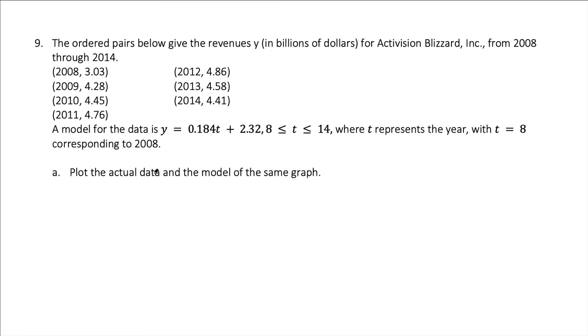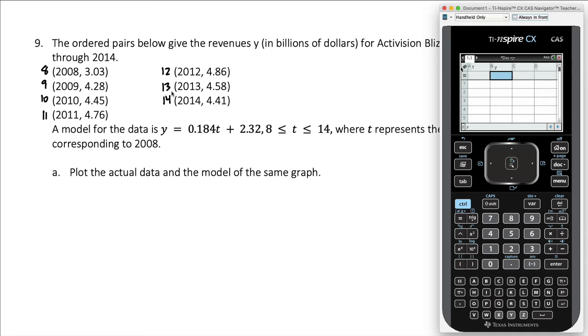So that means then that we're measuring from the year 2000. And so when we put in this data, this is going to be 8 and 9, 10, 11, 12, 13, and 14. So let's go ahead and input that.